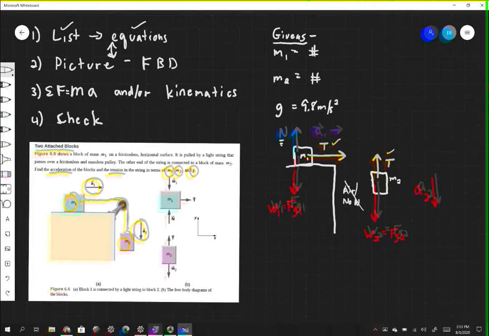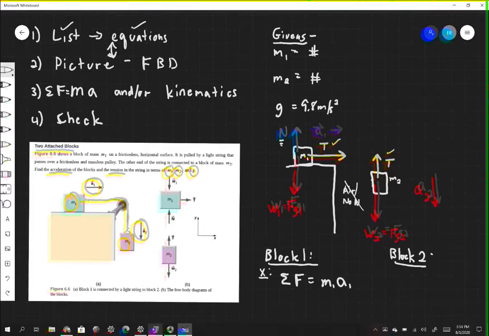So now what do I do? Now is where I can start drawing some equations. I can start writing some equations down. And we can do this treating each block a little bit separately. So block number 1 has some forces going on with it, and block number 2 has some forces going on with it. So we can write the sum of forces acting on this block is going to be equal to the mass of the block, mass 1, times the acceleration of the block, acceleration 1.